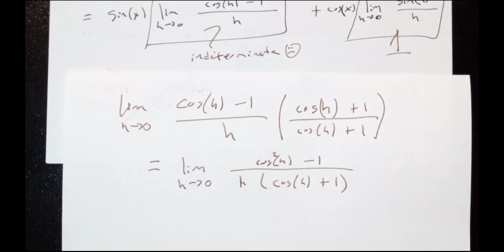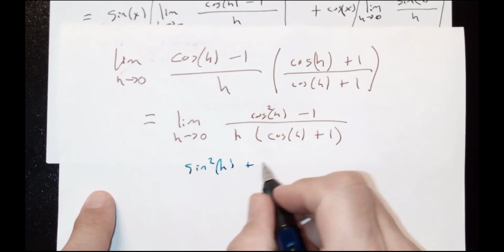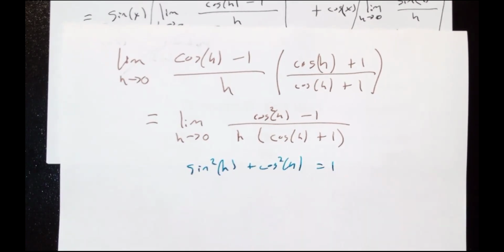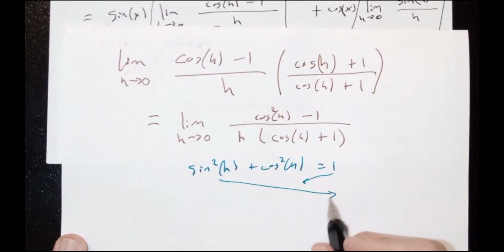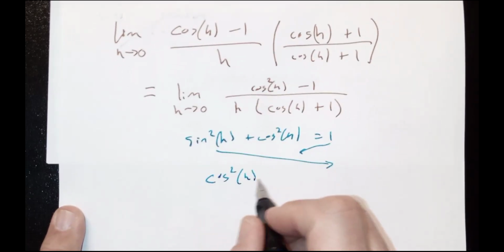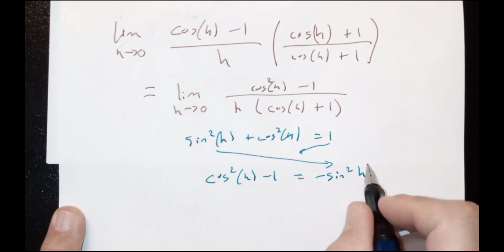They add up to 1. So I say to myself, wait, sine squared h plus cosine squared h is equal to 1, right? So let's rearrange this. I'll move the 1 from that side to that side, and I'll move the sine to that side. So I get cosine squared h minus 1. When I move that over, it becomes negative sine squared h.